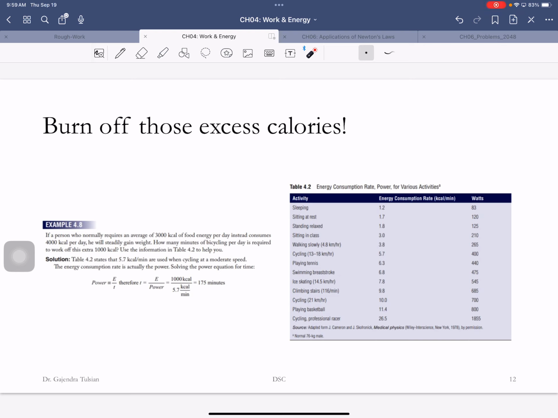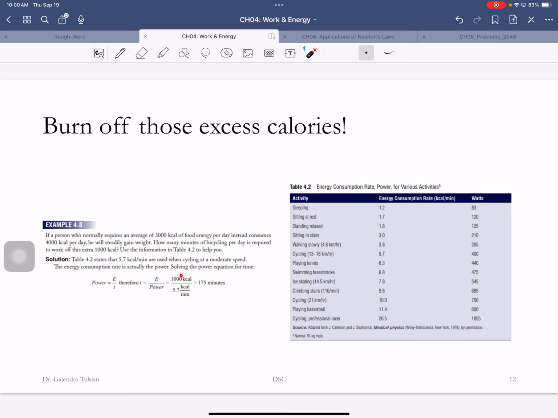Exercise. This table shows you various activities that you can do. Cycling at a normal pace, which is not very fast, uses 5.7 kilocalories per minute.